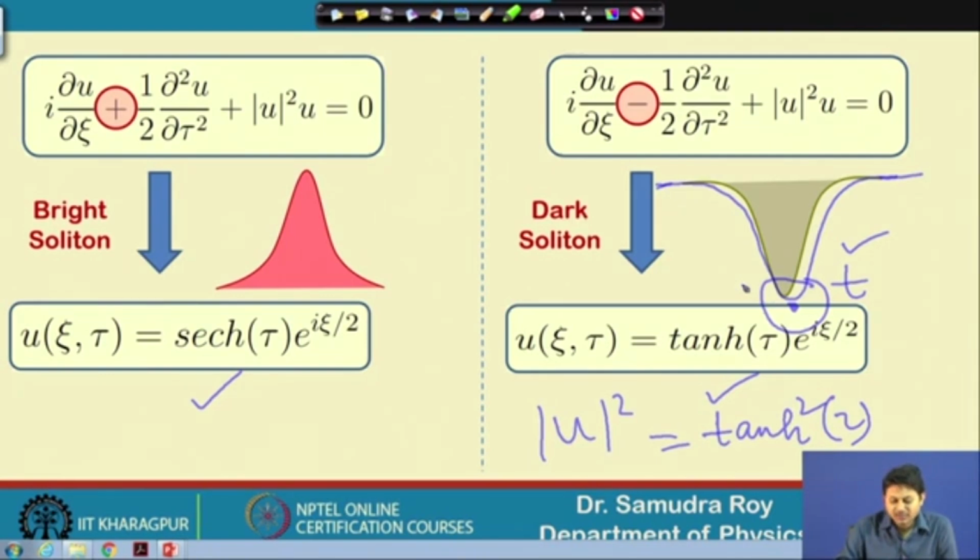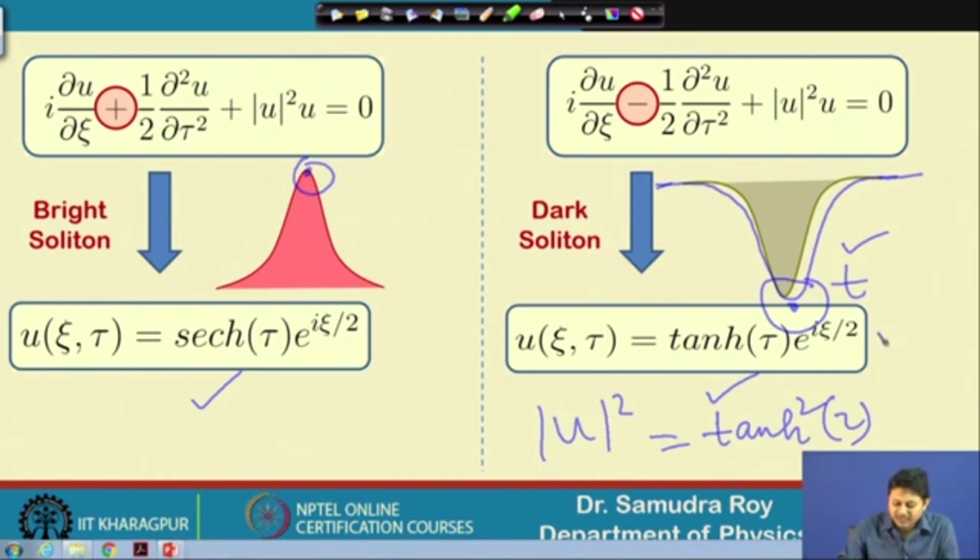This dark soliton is a sort of soliton, that means the shape will remain preserved, but it is dark because at t equal to 0 the value is minimum here.